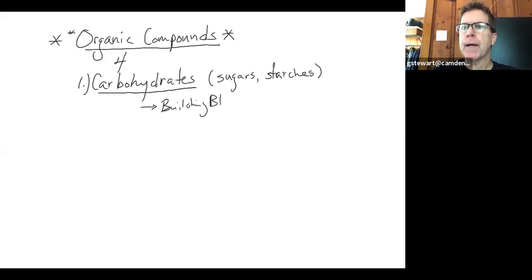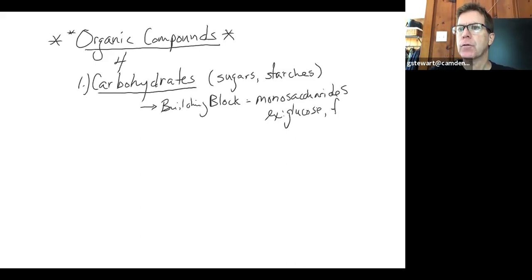So the building block of carbohydrates are monosaccharides, or what we call simple sugars. Classic example is glucose and fructose. Those are simple sugars, and they are the building blocks of carbohydrates.